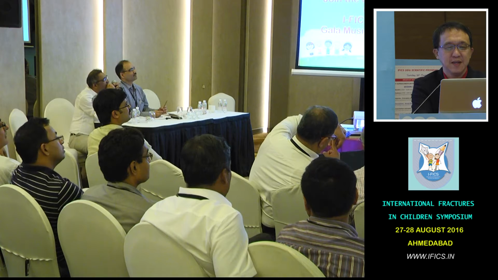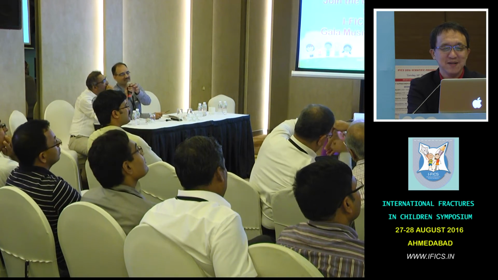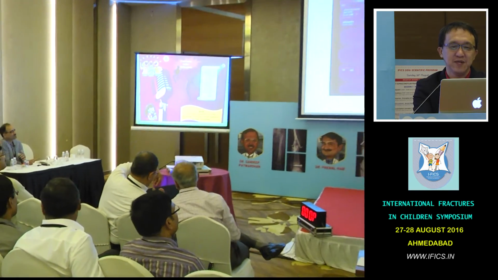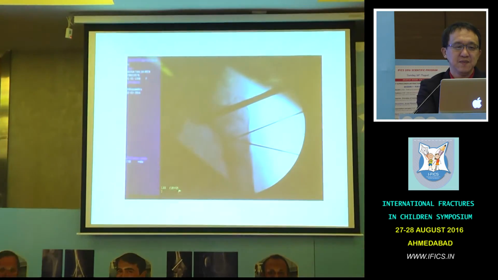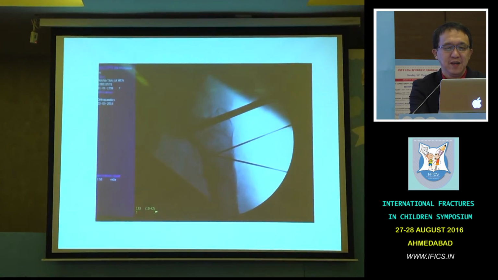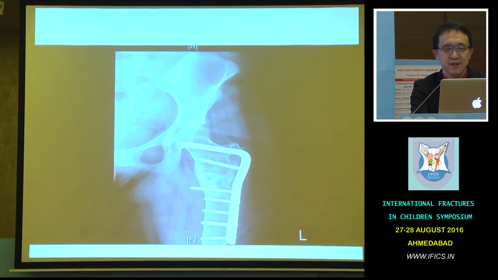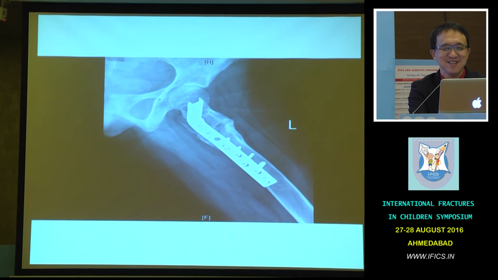So, I went back to the good old angle blade plate. We can calculate the angle. It's almost 30 degrees I need to correct, and then get it up. And again, make sure the lateral view must pass Sandeep's test.